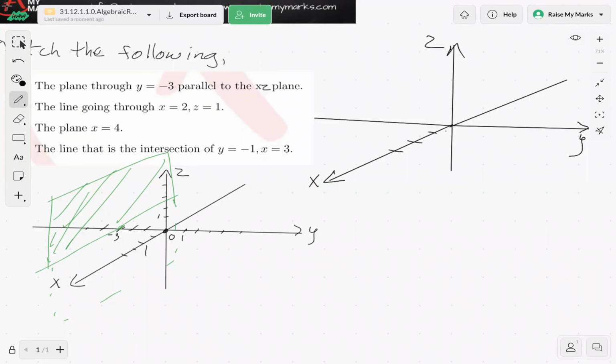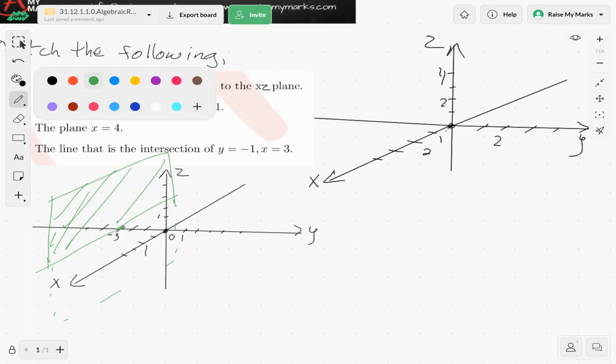Again, positive is coming out towards us on the X axis, the positive Z axis is going upwards, and positive Y is going towards the right, and right in the middle where they all intersect is the origin.